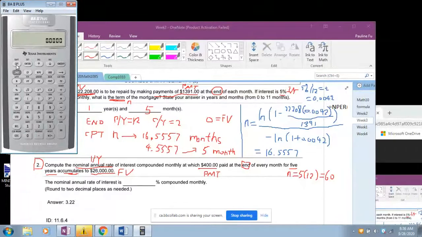Second, quit. Second, P/Y, it is already 12. Down arrow key, C/Y 12. Second, quit.